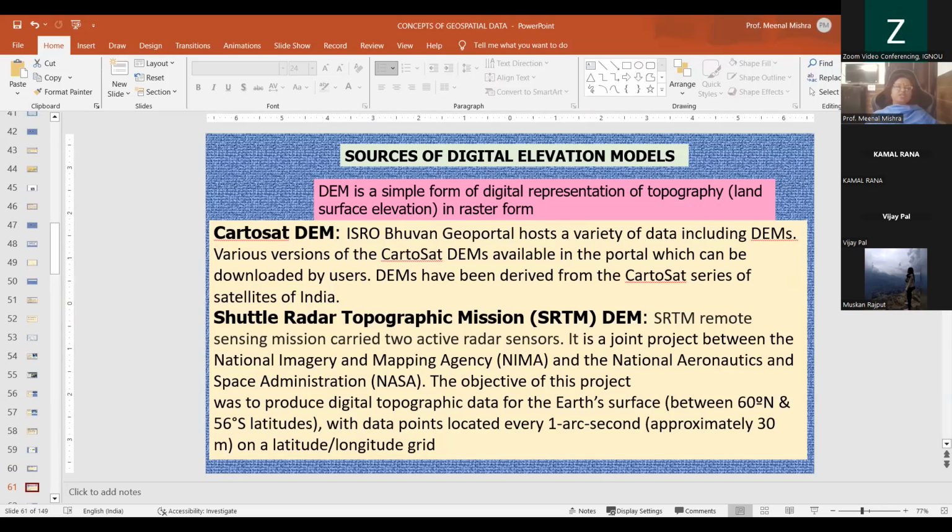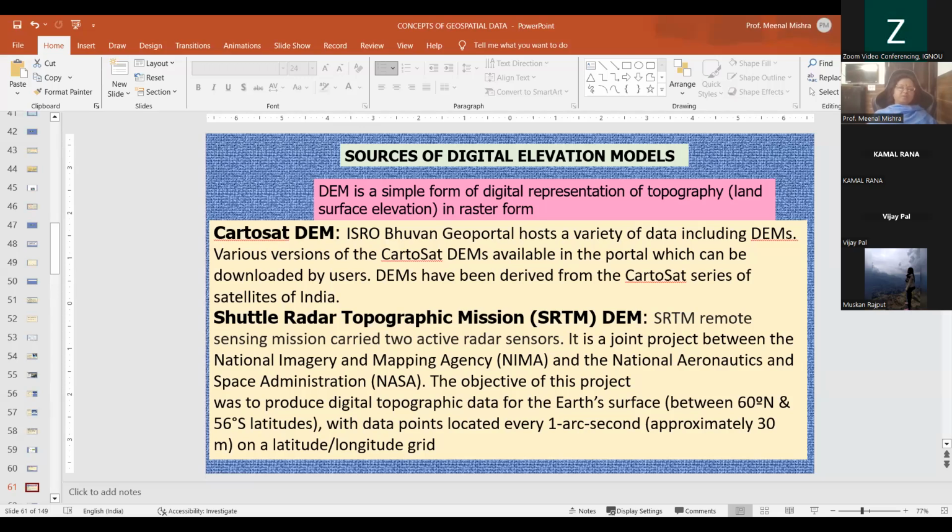Now let us look very quickly at sources of digital elevation model. You know DEM is a simple form of digital representation of topography in raster form. Users can obtain DEM data from several sources, which I will be discussing. First one is Cartosat DEM.